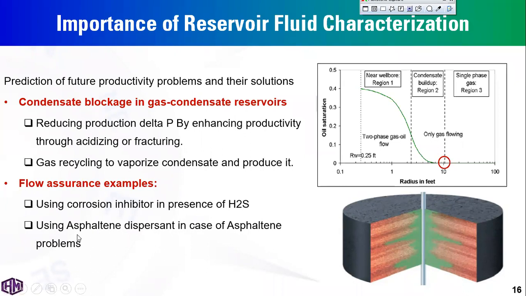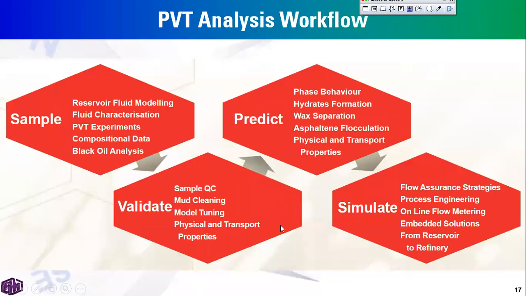Also, other flow assurance applications: in case we have hydrogen sulfide, we have to consider this for the planning and the material selection for production and processing, and others like organic scales such as asphaltene. In this case, we have to consider an asphaltene dispersant in the system.